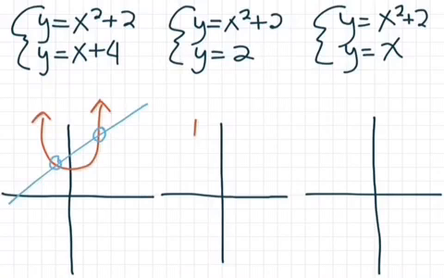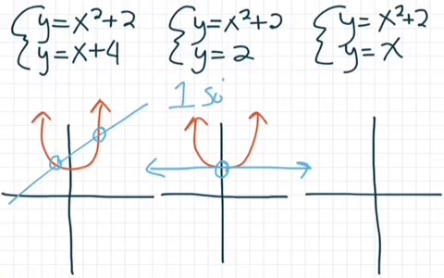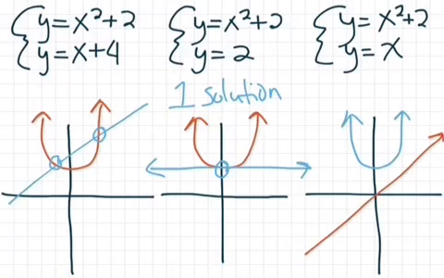So while you have your parabola here, your linear equation gives you this, and so you're only going to have one solution. Now this third one, we still have our parabola up here, but the linear equation does not even touch our parabola. So we have no solutions.